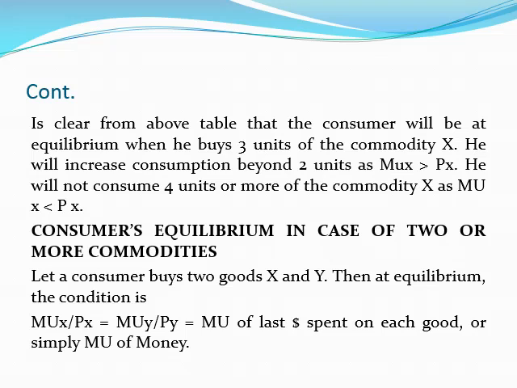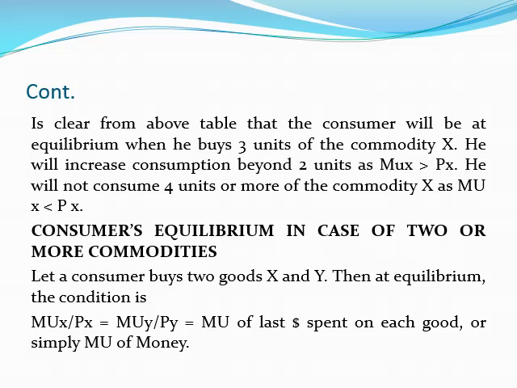It's clear from the above table that the consumer will be at equilibrium when he buys 3 units of the commodity X. He will increase consumption beyond 2 units as the marginal utility of X is more than PX.